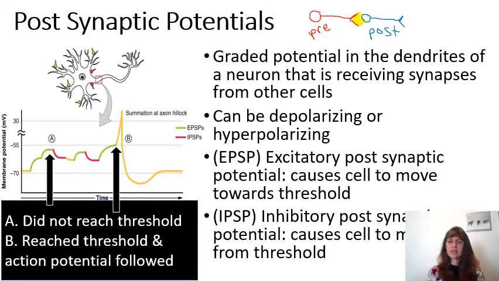Those graded potentials may bring the postsynaptic membrane towards threshold, in which case they would be known as depolarizing, or it can take them away from threshold, which would make those graded potentials hyperpolarizing.